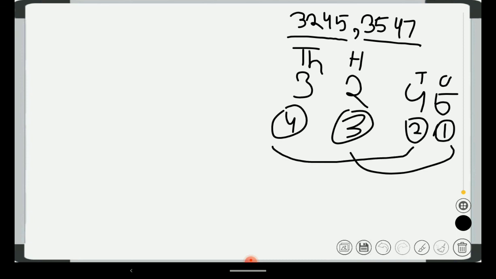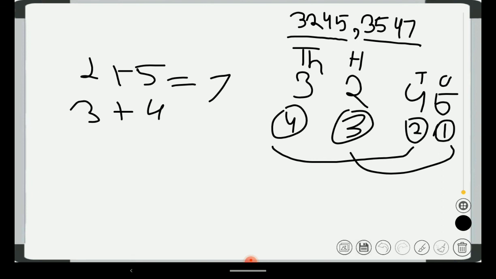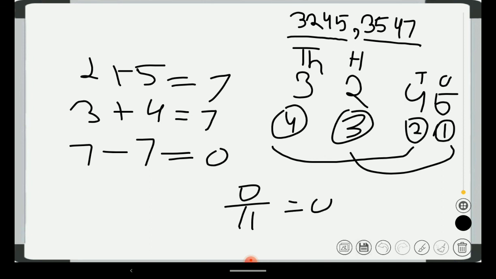Let me add 2 plus 5, 7, and I have added the odd places. Now 3 plus 4, which is 7, and 7 minus 7 is 0, as 0 is divisible by 11. So this number is divisible by 11.